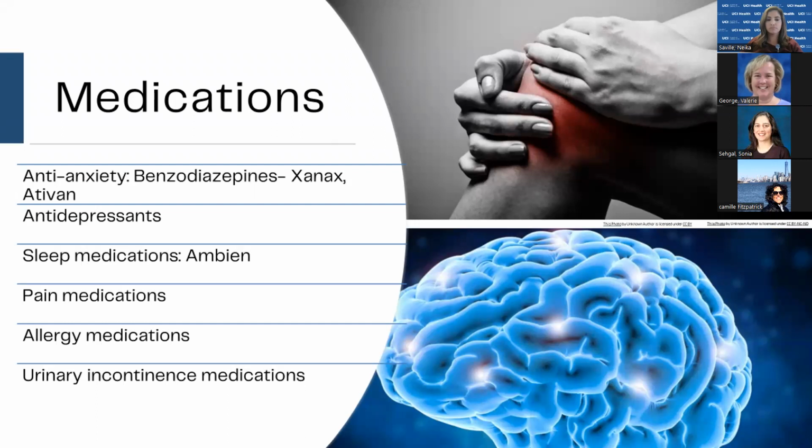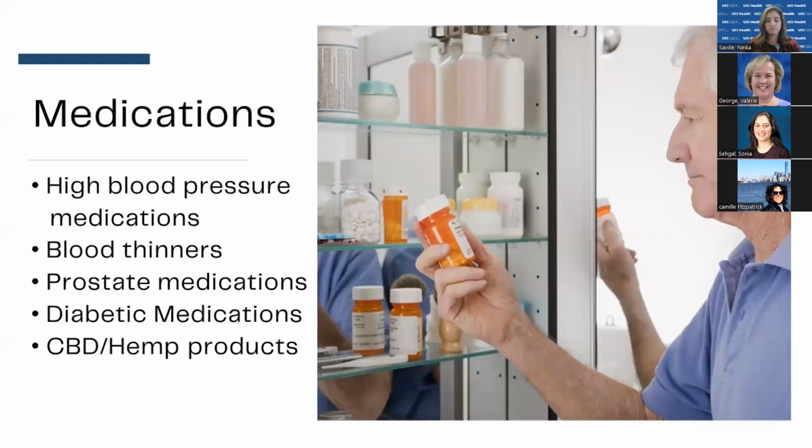Okay, next slide, please. High blood pressure medicines can drop the blood pressure rapidly, especially if the patient has had a change in their health, maybe decreased fluids, or they've lost some weight because they're not eating, which can cause some risk for syncope or orthostatic hypotension. Blood thinners, they're not a risk for falls, but if people are on them, there are risks for bleeding from a fall.